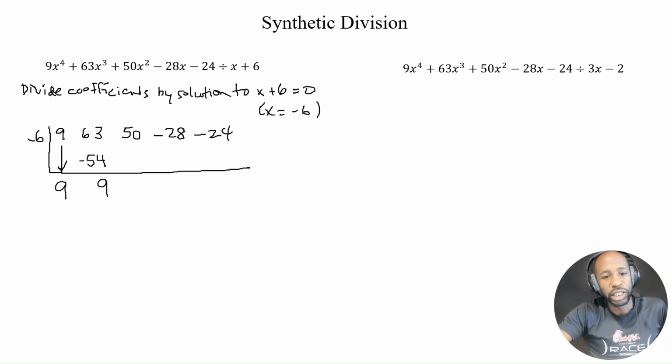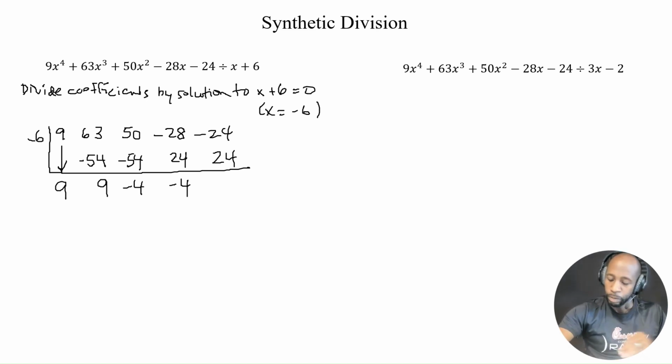Negative 6 times 9 is negative 54. 50 plus negative 54, that's going to be negative 4. Negative 6 times negative 4 is going to be positive 24. Negative 28 plus 24 is going to be negative 4. And then again, negative 6 times negative 4 is positive 24. Negative 24 plus 24 is 0.